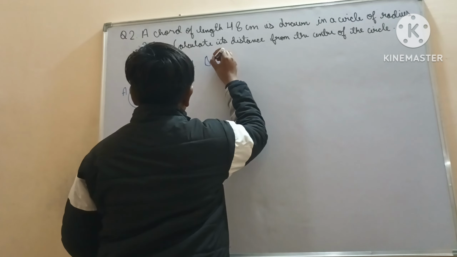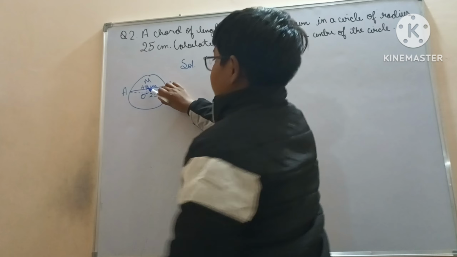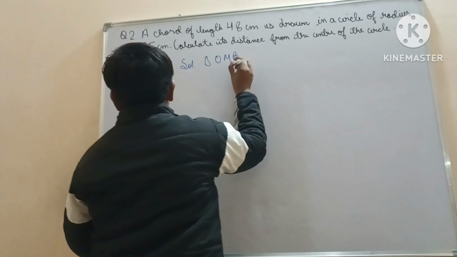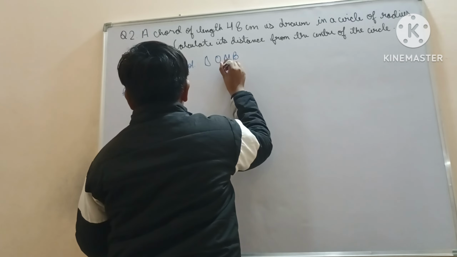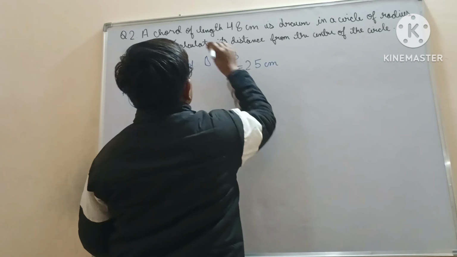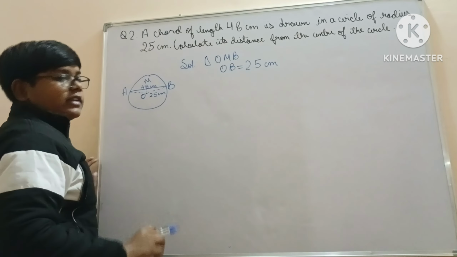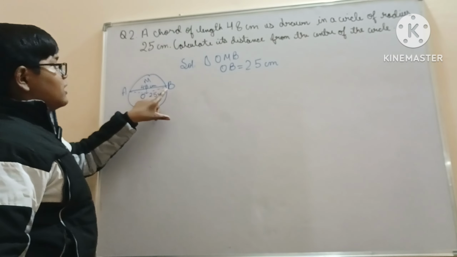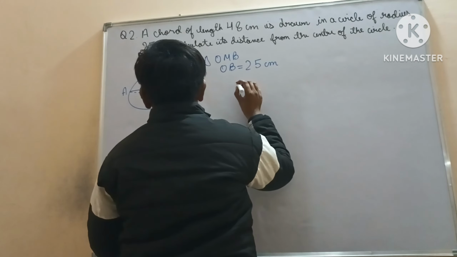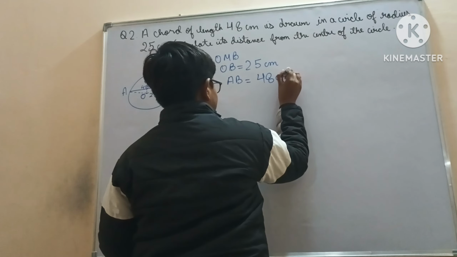In this triangle, this point is point M. So in triangle OMB, OB is equal to 25 centimeter, given as the radius. The OB line is the radius because it originates from the center and touches the boundary. So OB is the radius 25 centimeter and AB is equal to 48 centimeter.